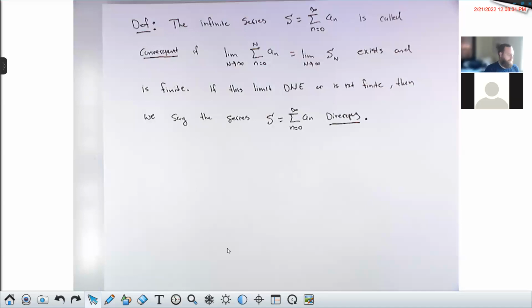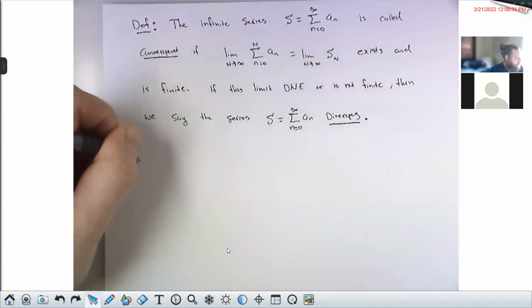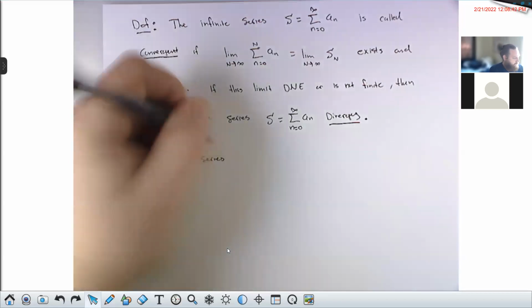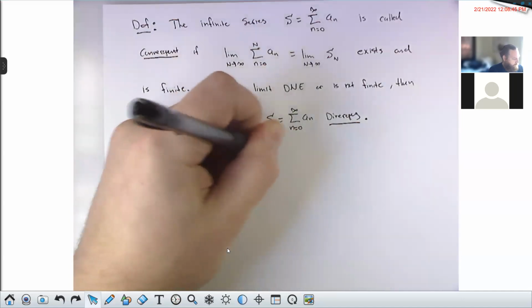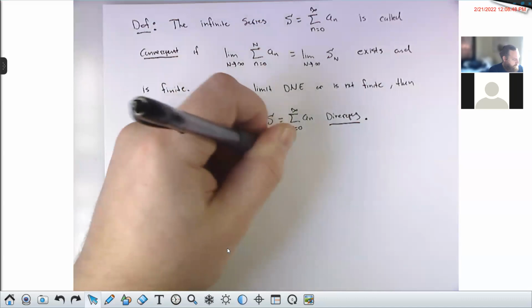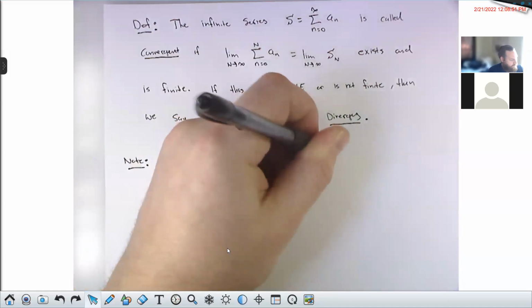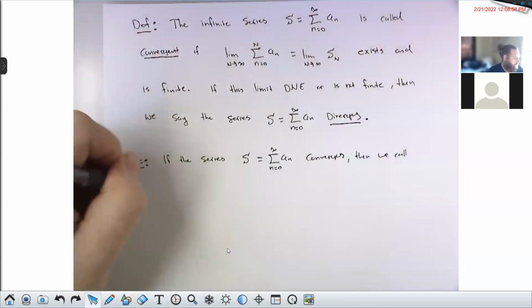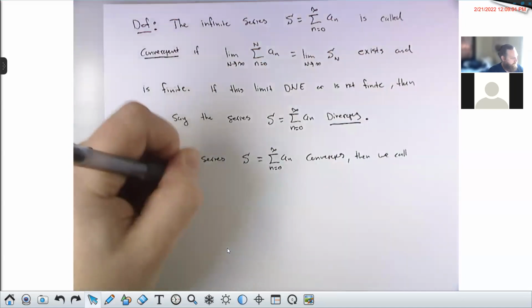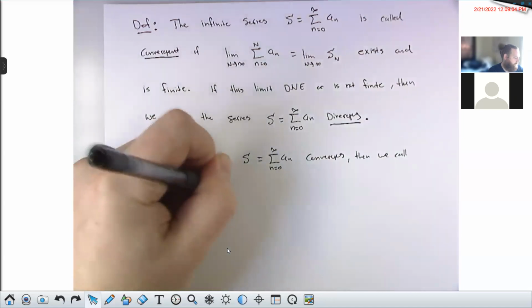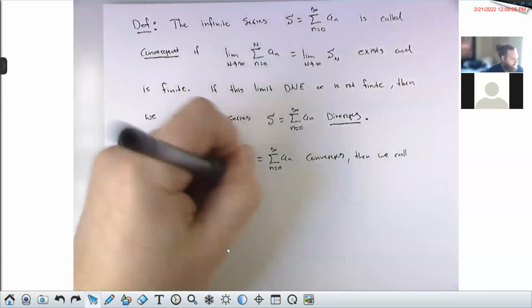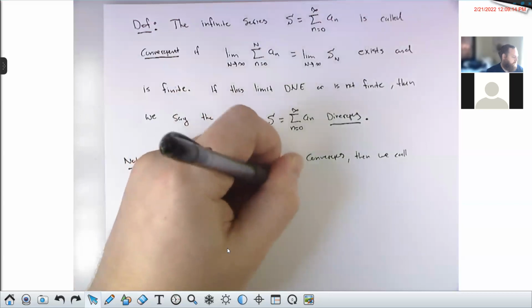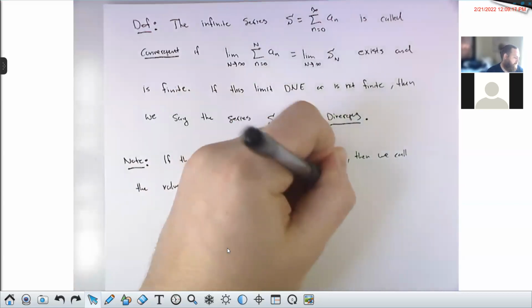Okay. Then just a bit of vocabulary. Note: if the series S equals sigma n from 0 or wherever to infinity of an converges, then we call the value of this limit the sum of the series.